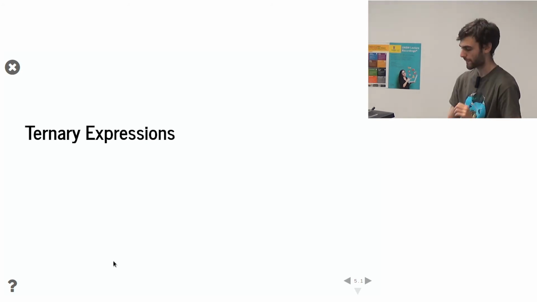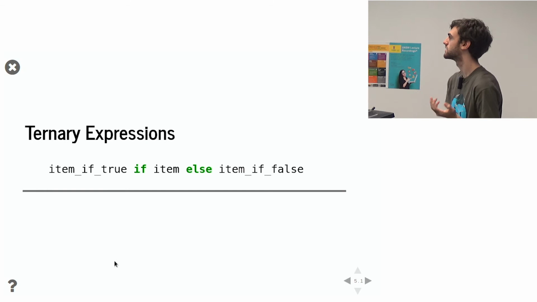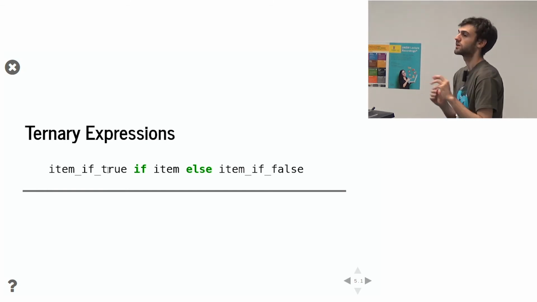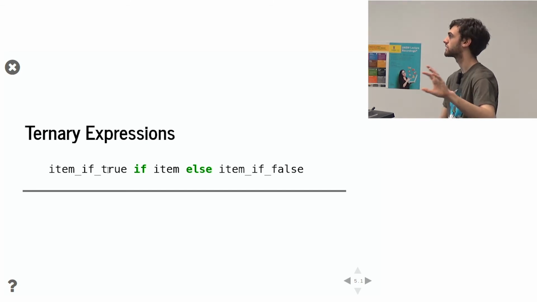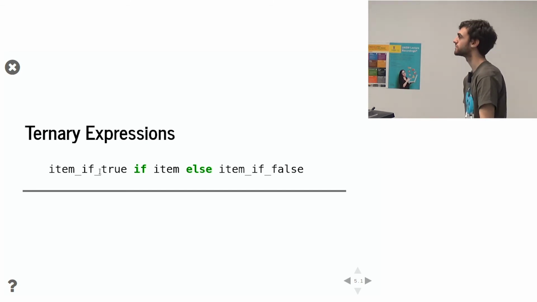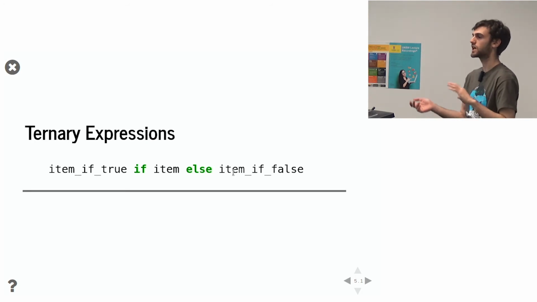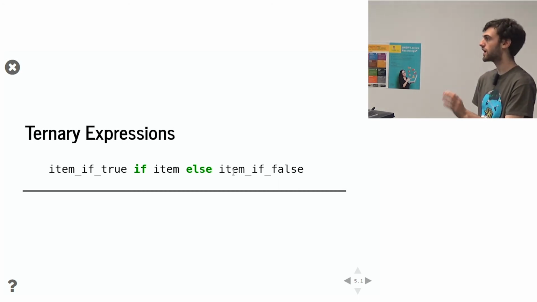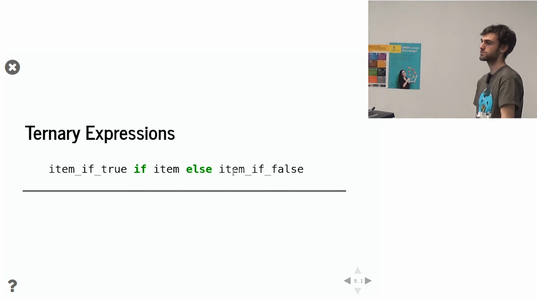All right. Another thing is ternary expressions. They're defined like this. The item that you want to return goes first, if that item is true. This is the item you want to check, and this is the item you want to return if it's false. So it's kind of backwards from C. Essentially, you read it and you say, the first thing is the item I want to return if my item is true.